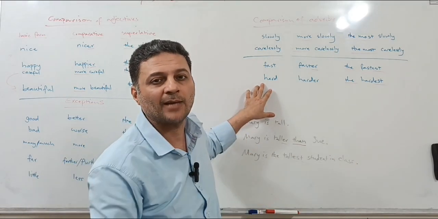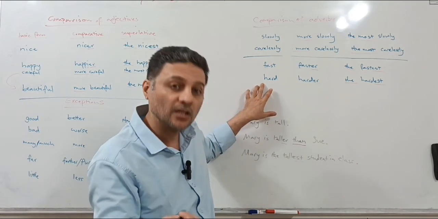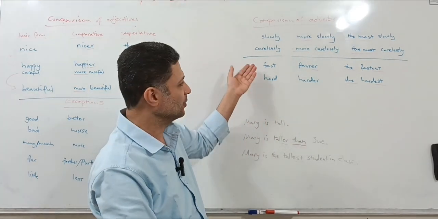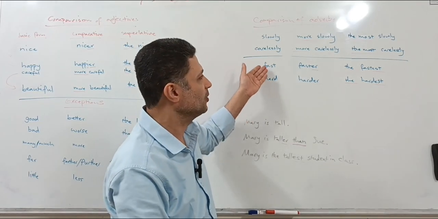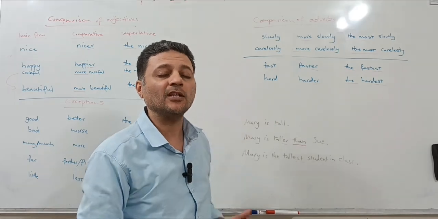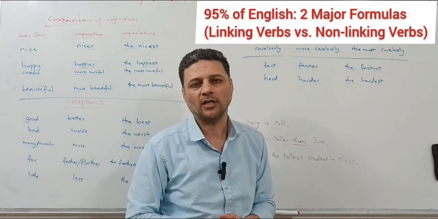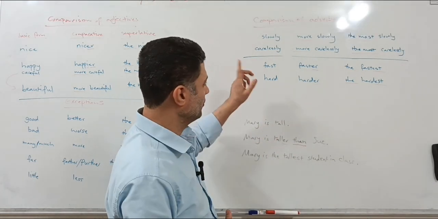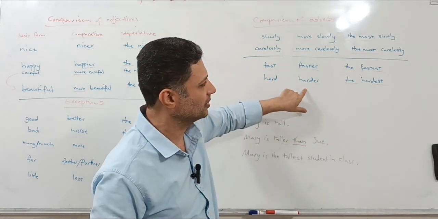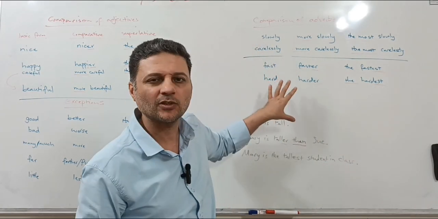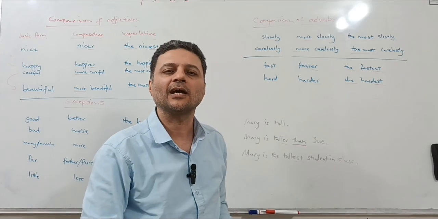Well, obviously they become adjectives, and if they follow main verbs, non-linking verbs, obviously we're dealing with adverbs. So these are the adverbs we're talking about, okay? They are treated like adjectives, actually. For linking verbs and non-linking verbs, please watch my other video about them, and give me your comments there too, all right? Don't forget that. Well, we have faster and harder, and the fastest and the hardest. We treat these special adverbs just like adjectives.